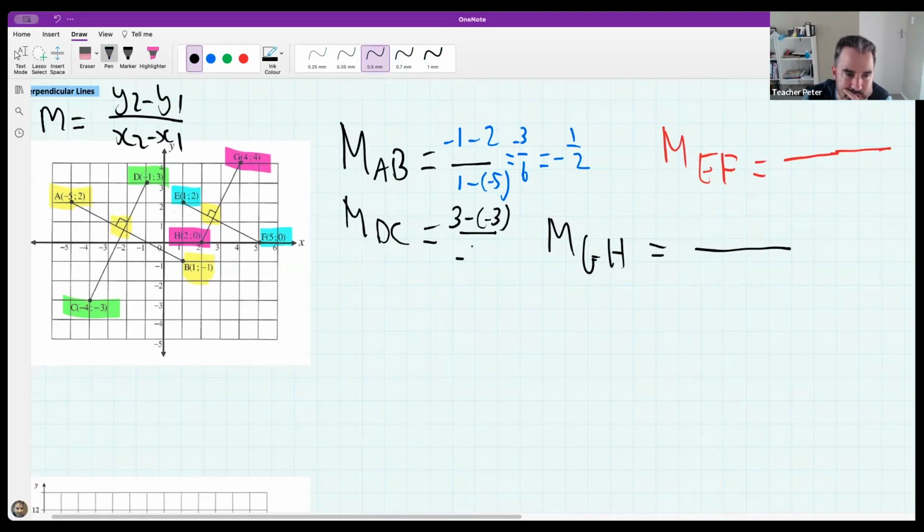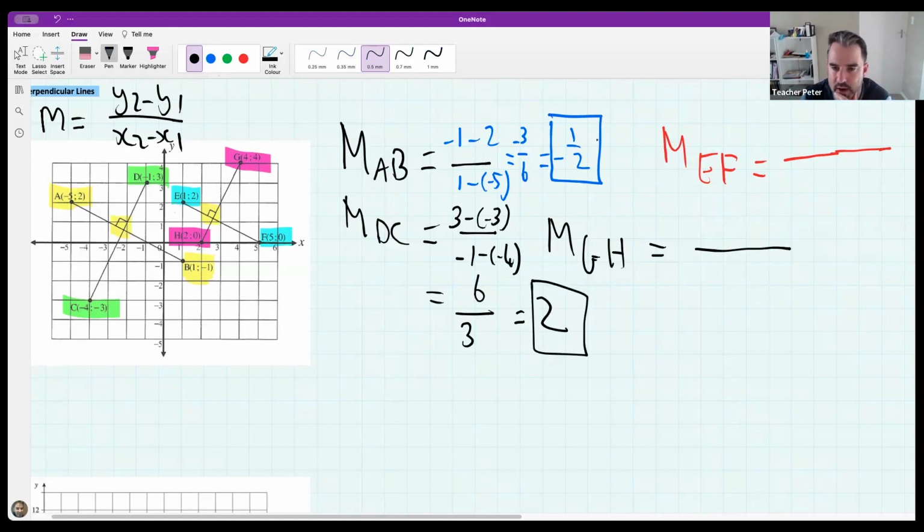And here would be -1 - -4. And that would be 6 over 3, which would be 2. So the first gradients that I get are -1/2 and 2, or 2 over 1 if you really want to be sneaky. Now you still need to find me the gradients of EF and the gradient of GH.